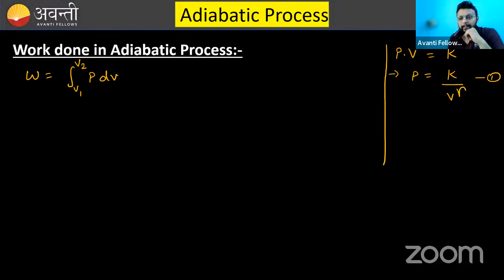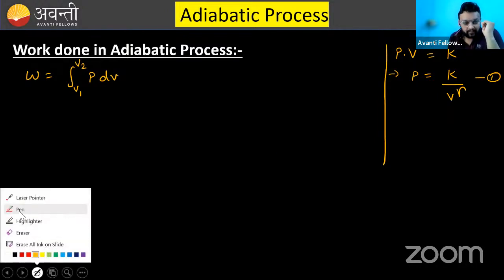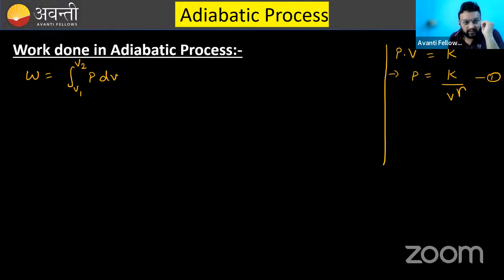Now we got the value of P. Replace the value of P here. Then work done will be the integration of K over V raised to the power gamma. K is a constant, it can be taken out. So it will remain 1 over V raised to the power gamma dV.